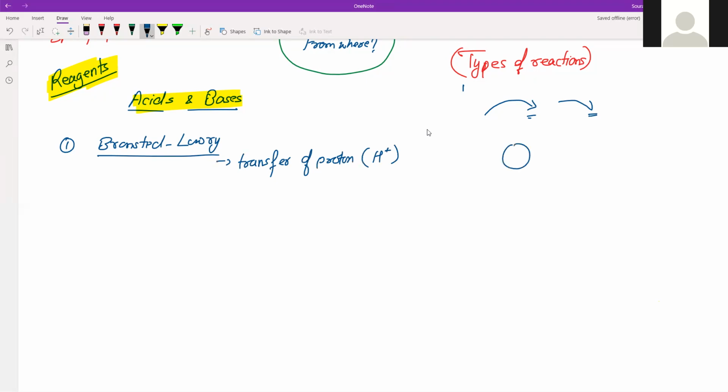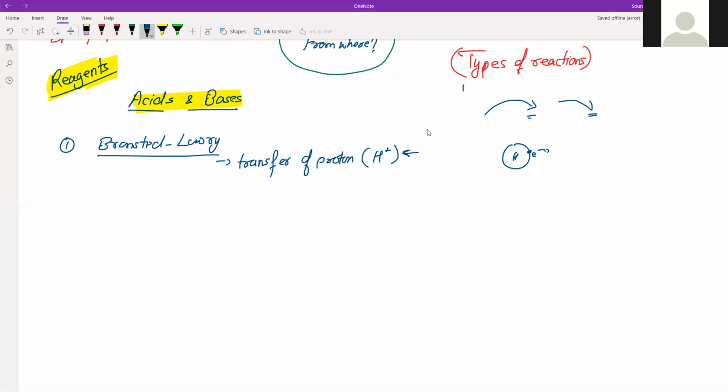So from that hydrogen, if one electron leaves, there is only one proton left, and that's why proton is represented by H plus. So when this reaction occurs, a substance will be donating or losing a proton, and another will be accepting that.